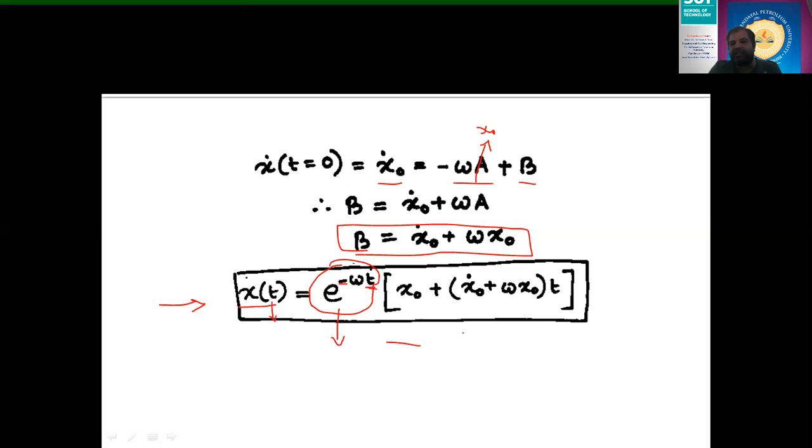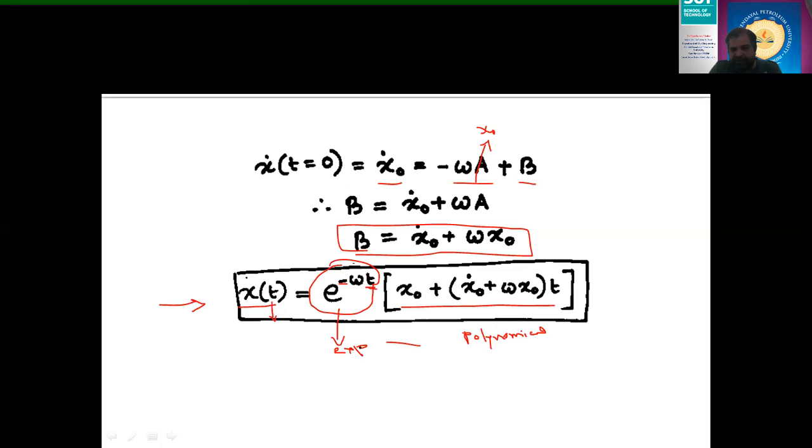As my value of t increases, this will give a decrease in my amplitude. And this other one is the polynomial term, and this is my exponential term.